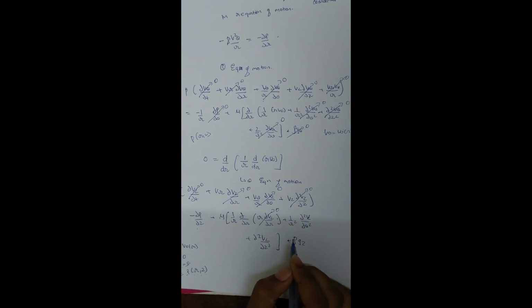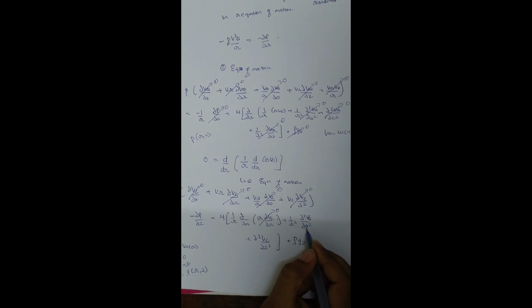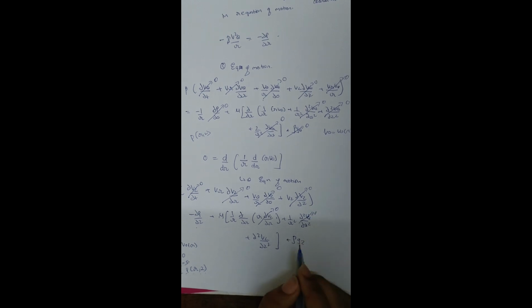Now moving on to the next term, ∂²vz/∂θ² is also going to be 0 because vz is 0.